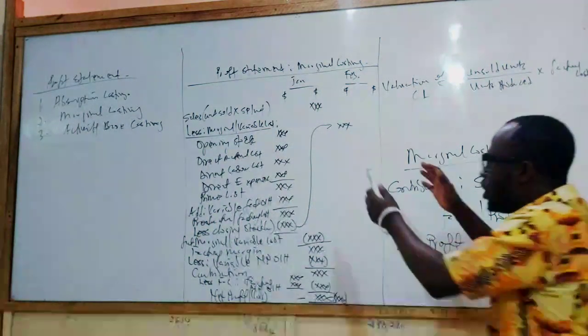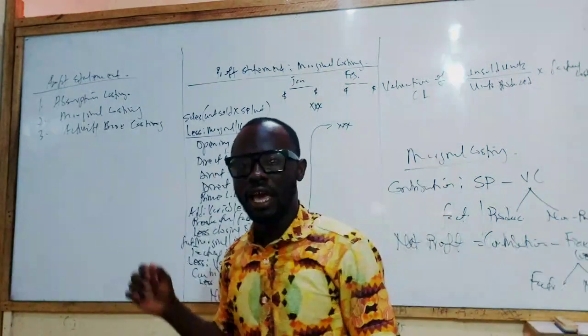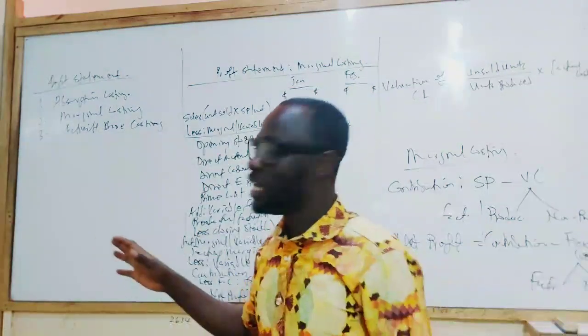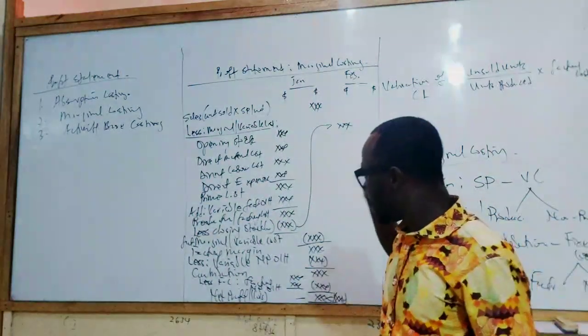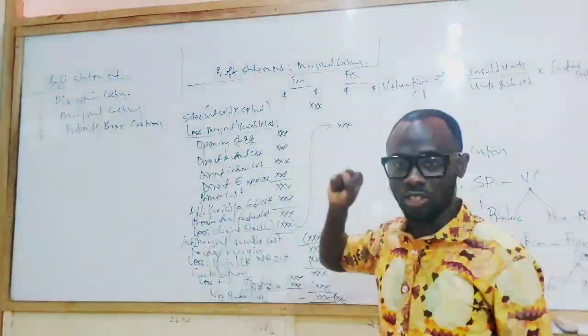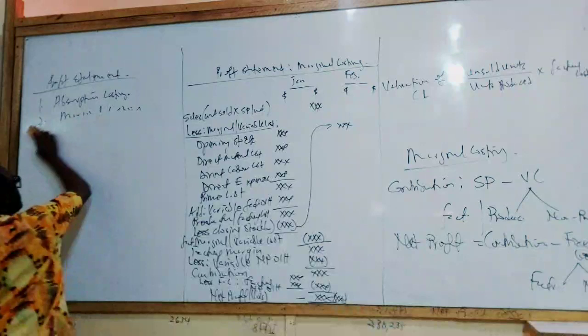Now, I'm going to leave it to be there. Then we will go to the absorption costing. Then we will look at how the absorption costing is also done. Then I want you to be able to spot what? The difference of both. So let's see.